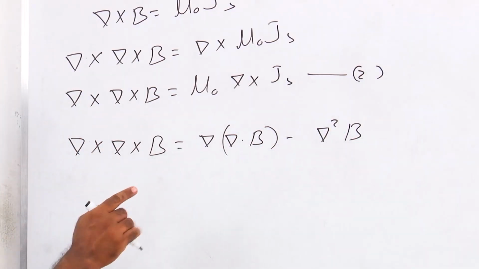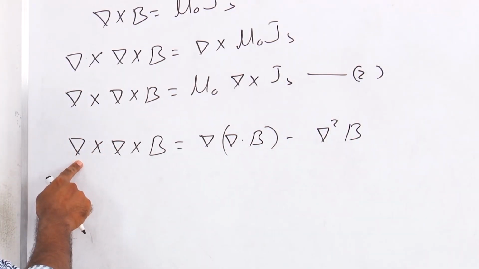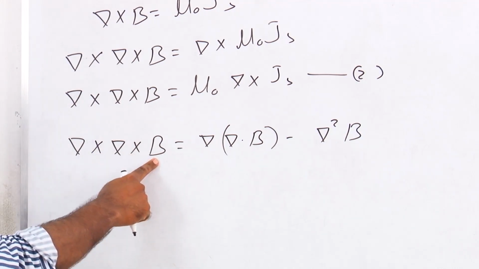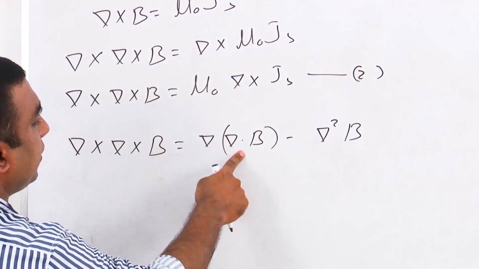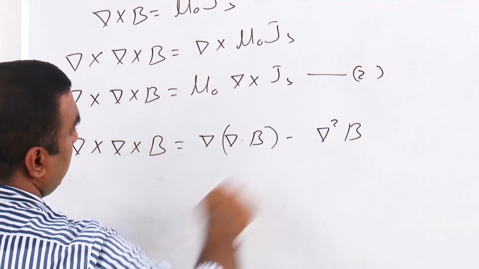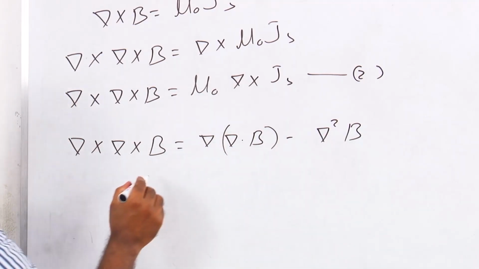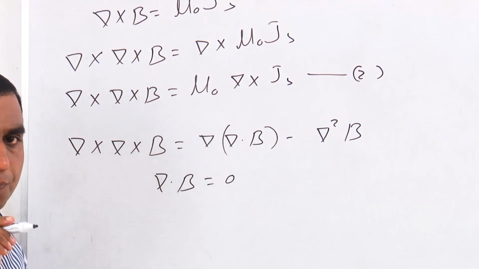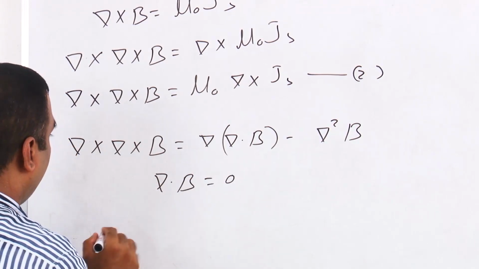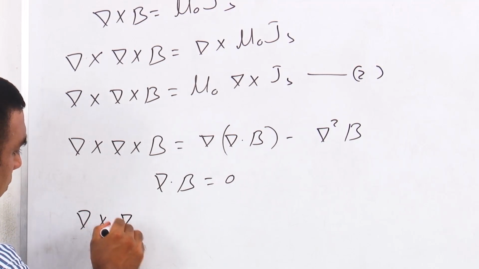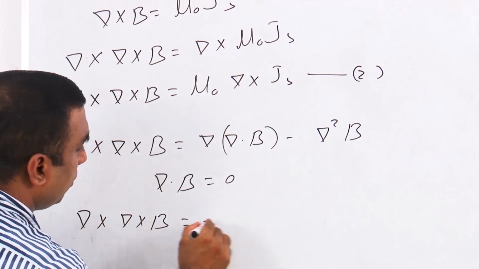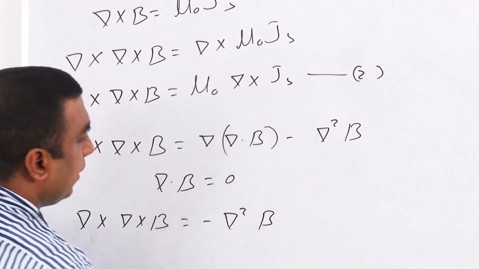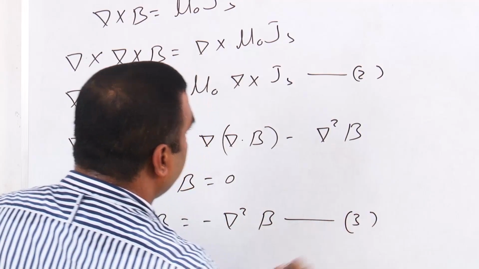In our case, the vector field is the magnetic field. But we know that del dot B is equal to 0 because magnetic monopoles do not exist. Therefore, del cross del cross B is equal to minus del square B. Let that be relation number 3.